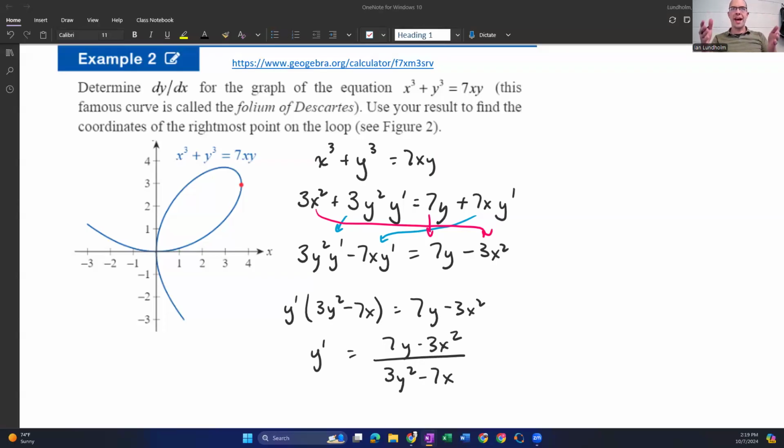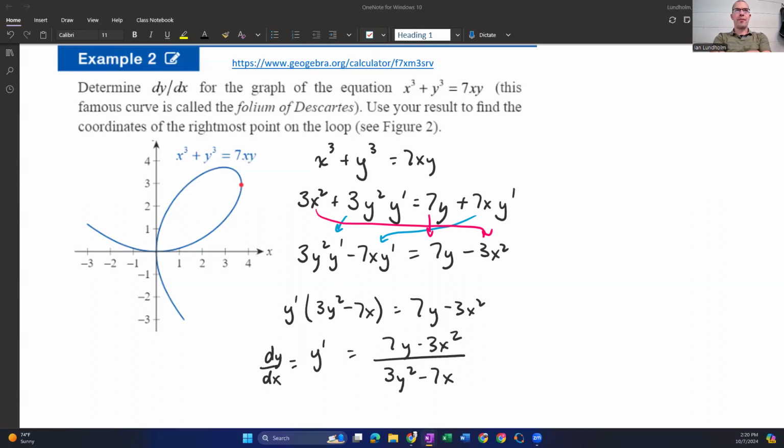Cool. So that is a way to encapsulate the derivative dy dx. I've opted for the y prime notation just because it's more compact, but you could totally write dy dx everywhere where you see y prime.